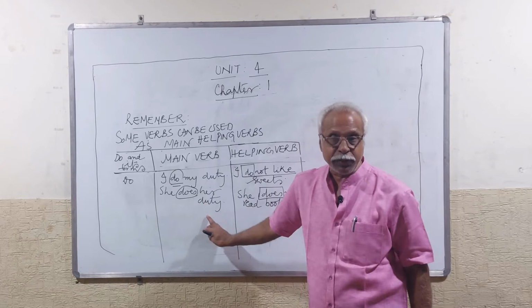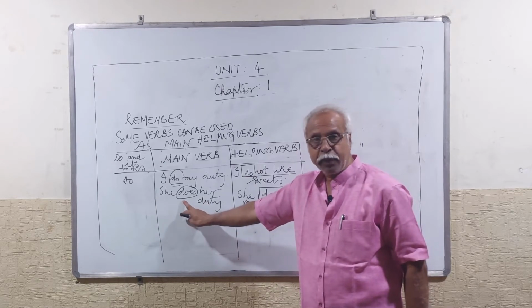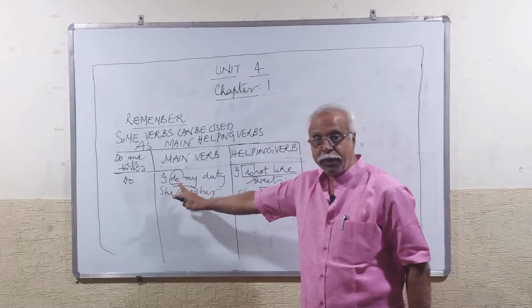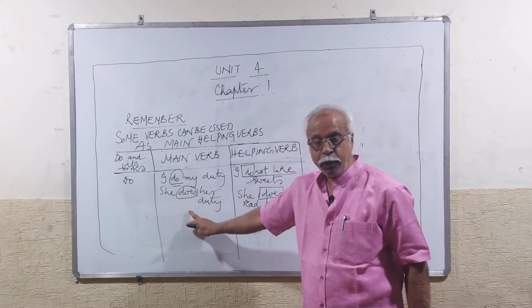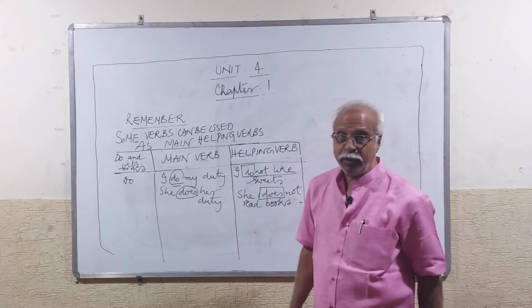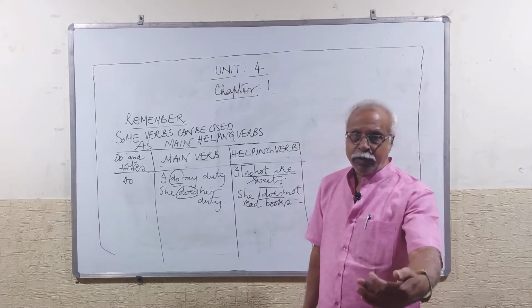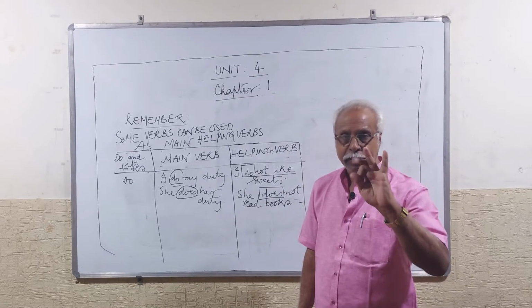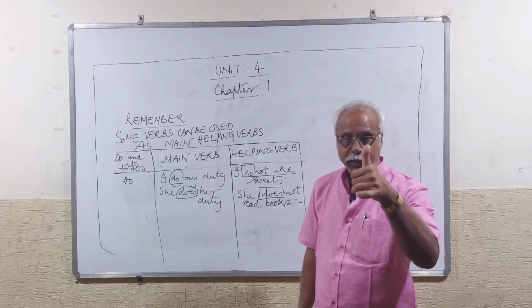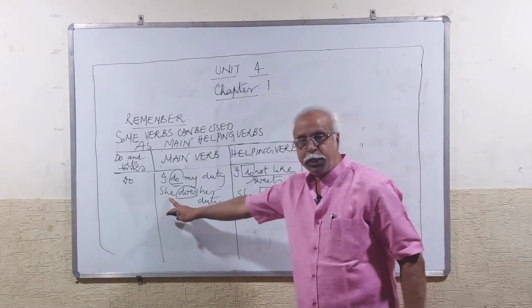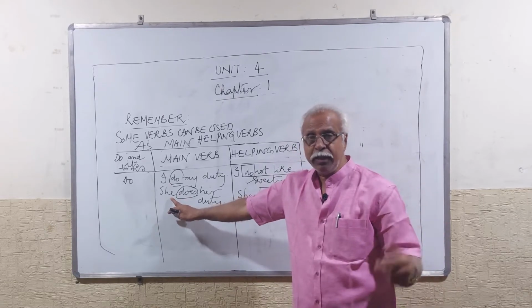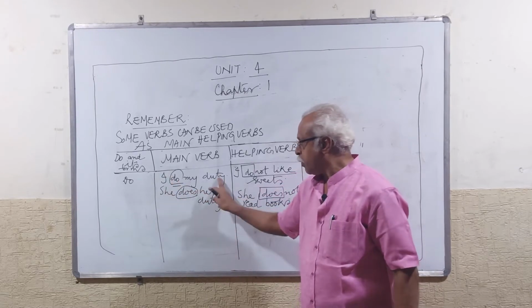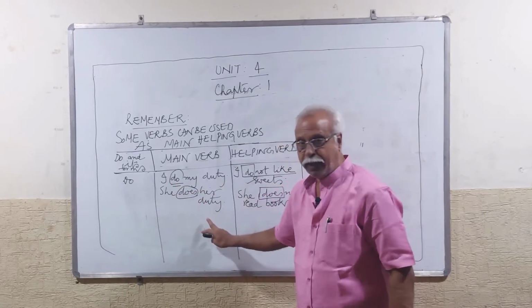Does. What are the do forms here? Do and does, both are in present tense. I have just taught you the five forms: do, did, done, doing, and does also. The subject here is she, so I have chosen does here. I do my duty and she does her duty.